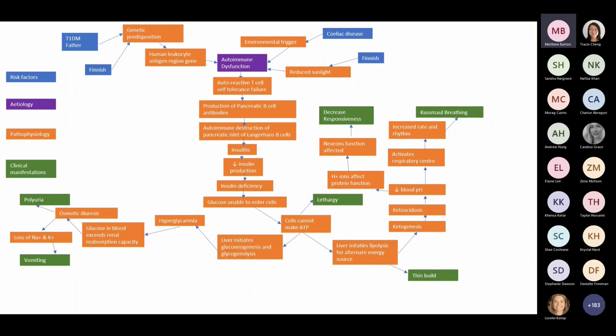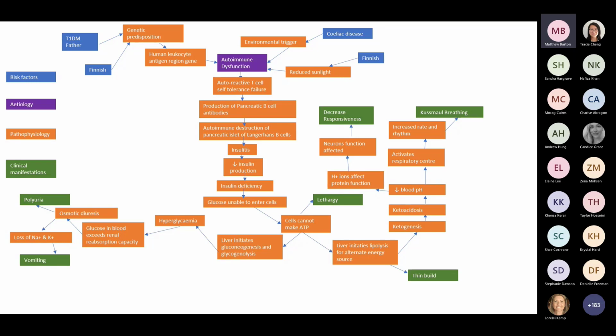And this is one of the reasons why you get vomiting with a DKA, because of that osmotic diuretic effect, and it's the electrolyte imbalances causing a change in your vomit center in your brain, which is leading to vomiting. The vomiting can also come across here with the pH as well, but I've put it over here.